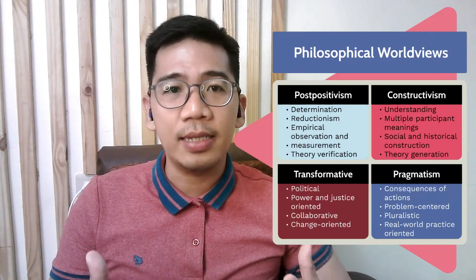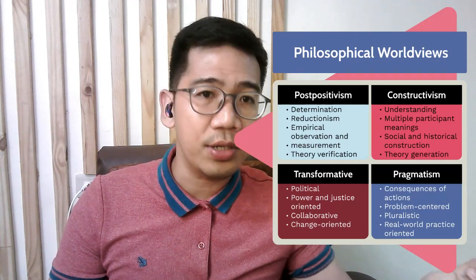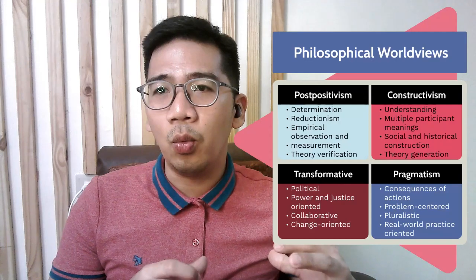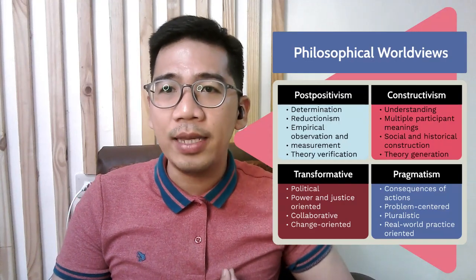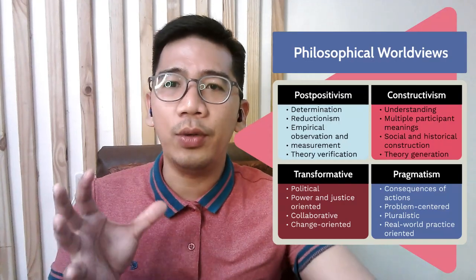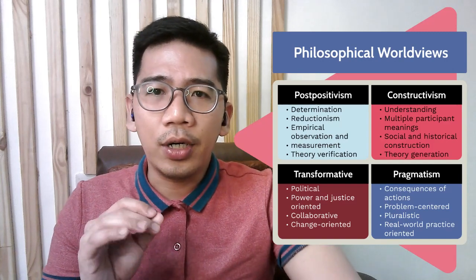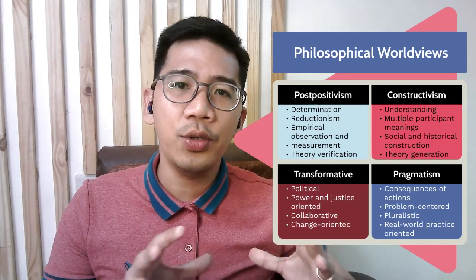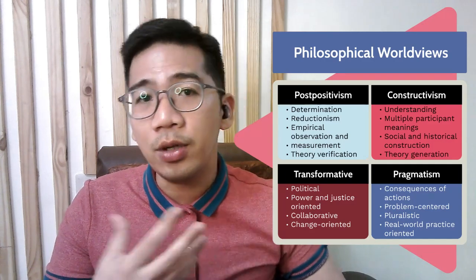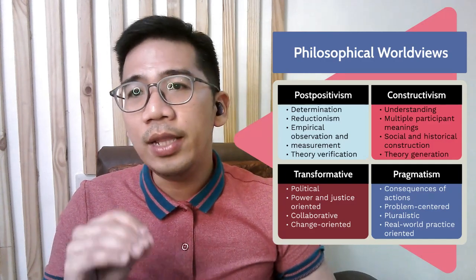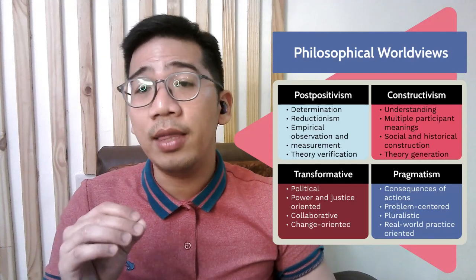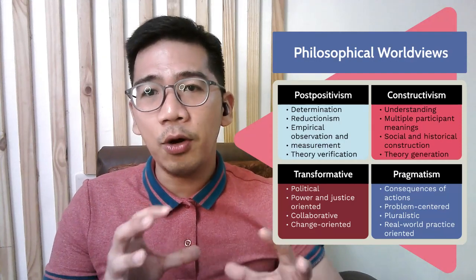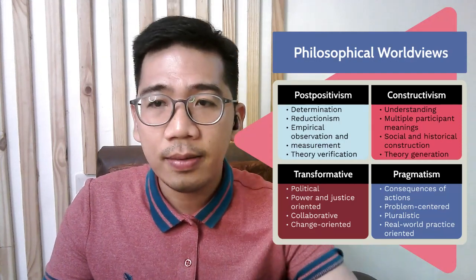So pragmatist researchers decide what and how to research based on what they want to get out of it or where they want it to lead. Now, researchers who use both quantitative and qualitative methods need to come up with a reason why they need to be combined in the first place.